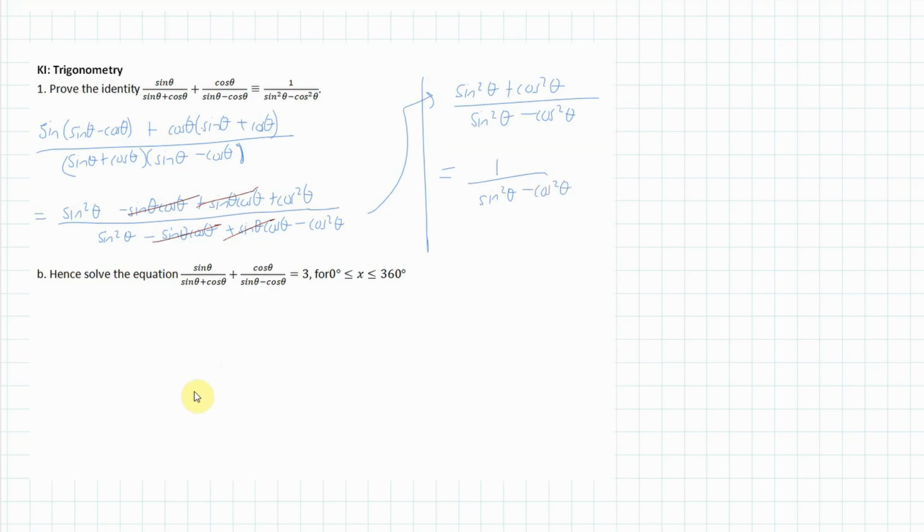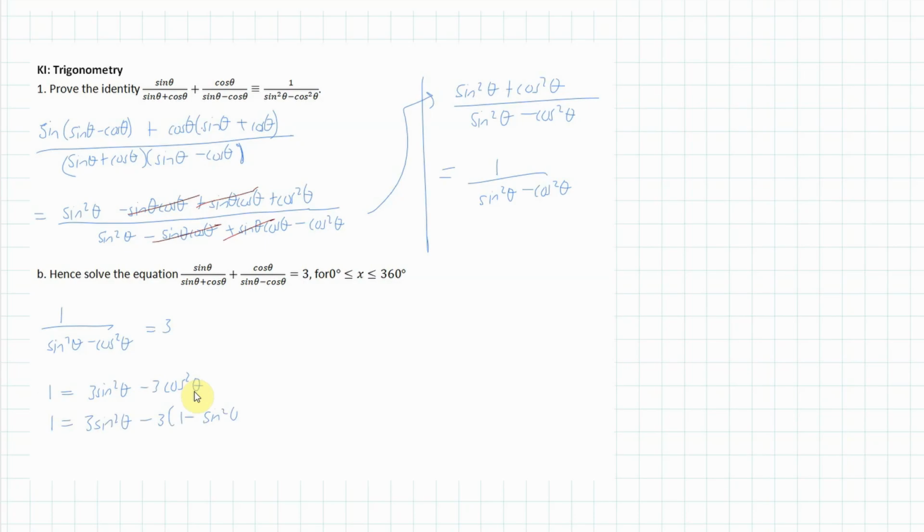Hence, solve the equation. Okay, so we're just going to go 1 over sin squared theta minus cos squared theta equals 3. We bring everything across, so we get 1 equals 3 sin squared theta minus 3 cos squared theta. I'm going to get everything into sines, so cos squared theta will be 1 minus sin squared theta.